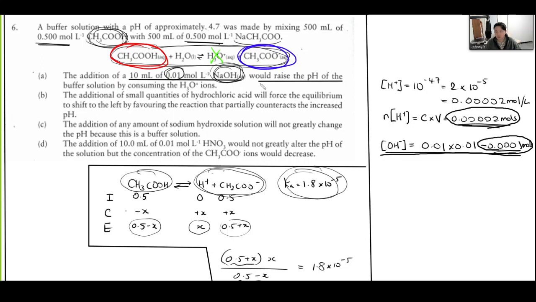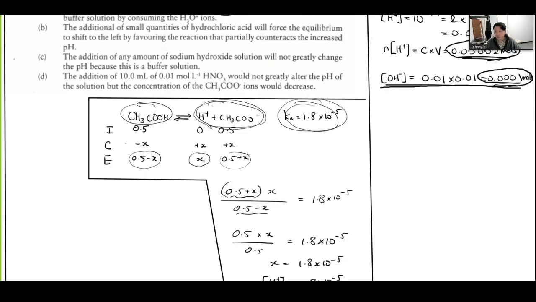Well, we created this solution through dumping lots and lots of this one and lots of this one. There was no hydrogen. We worked out this hydrogen concentration as a result of introducing those two. We still have 0.5 mole and 0.5 mole. There are huge numbers of moles of ethanoic acid and the acetate ion.